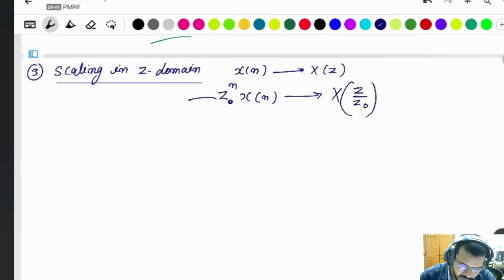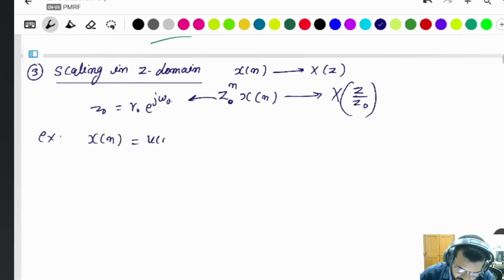The z naught should be in the form of r naught e to the power of j omega naught. Suppose I write something for the example, then you can understand better. x[n] is equal to u[n]. Then what is the z transform of this one?